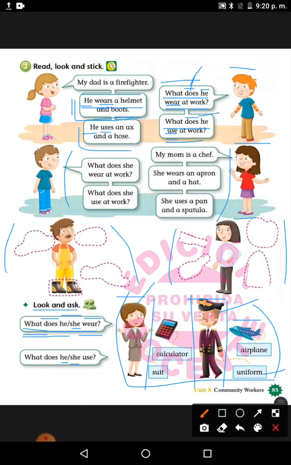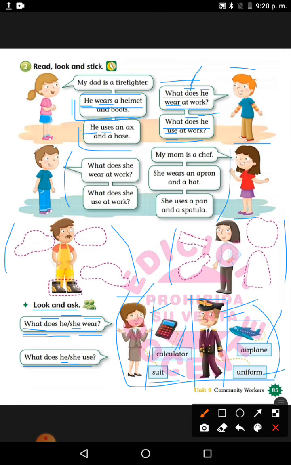She wears a suit. Then you are going to write the second question. What does he use? And here you have an example of the object he uses. And here you have another example of the object that she uses.